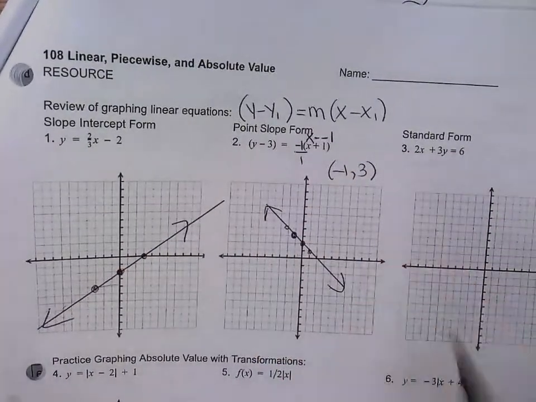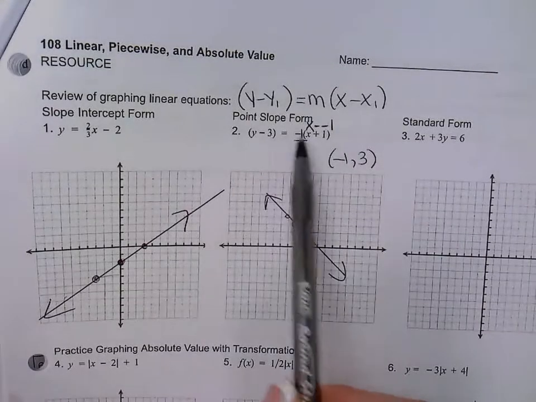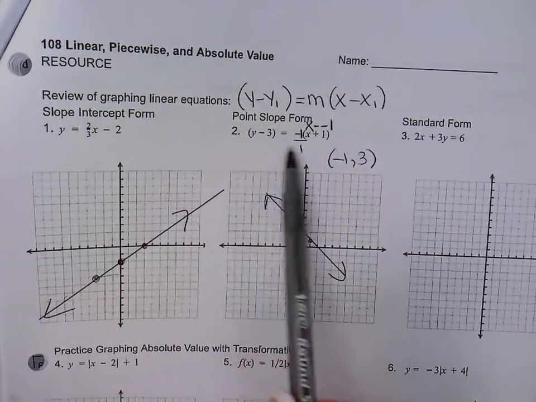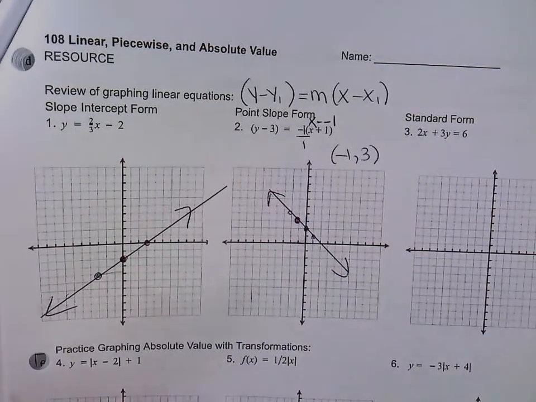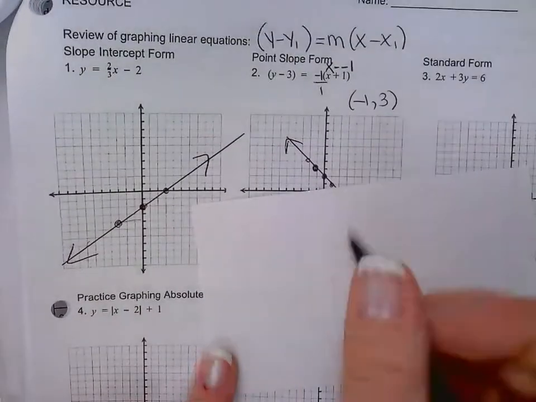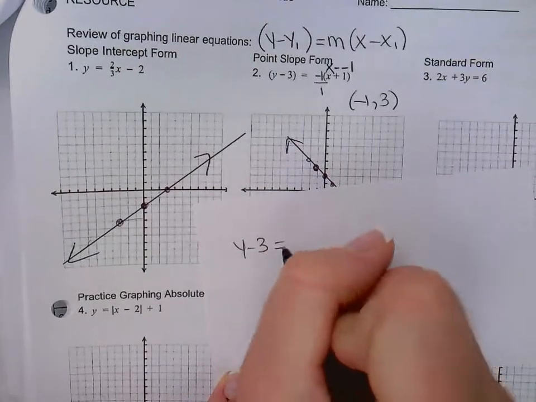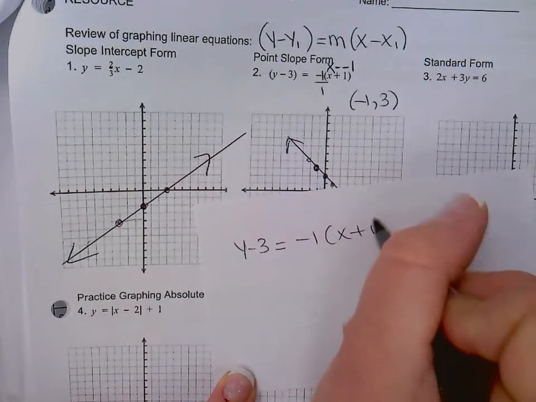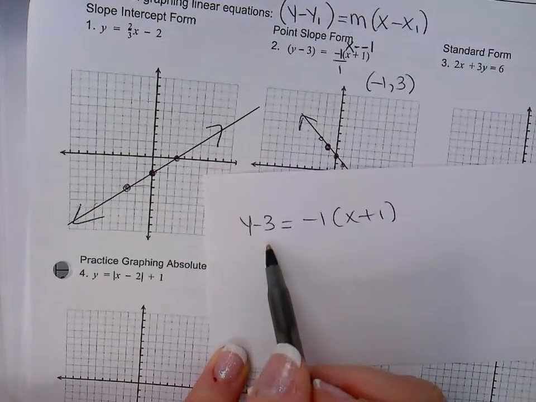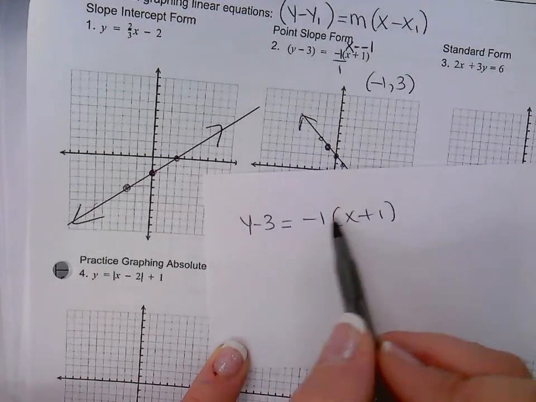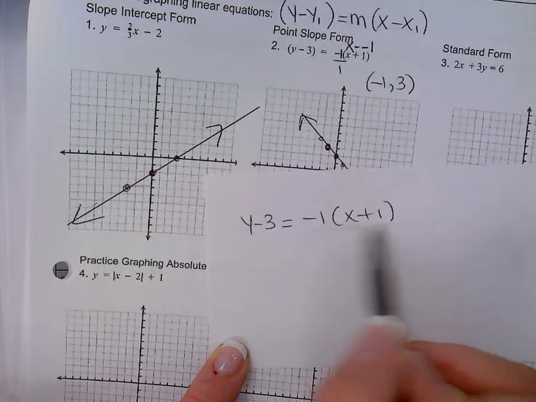And I just want to prove to you, if I tried to convert this into slope-intercept form, I get the same result. So if my original function was y minus 3 equals -1 times (x plus 1), this y minus 3 is not doing anything, so I just dropped the parentheses. You would distribute the -1 on the right.